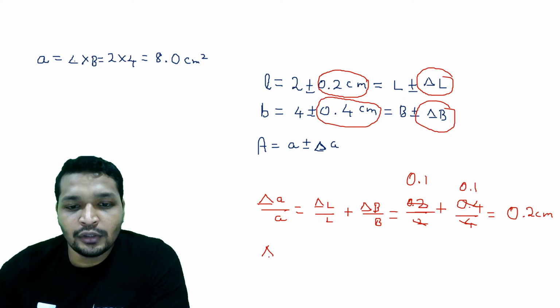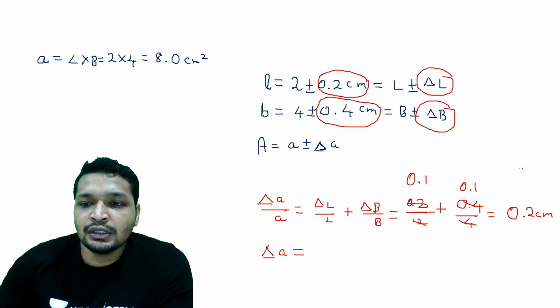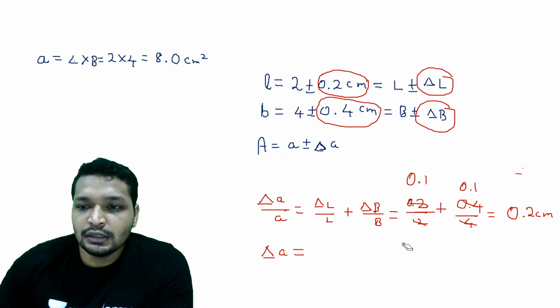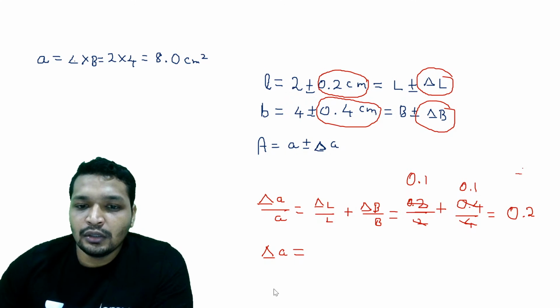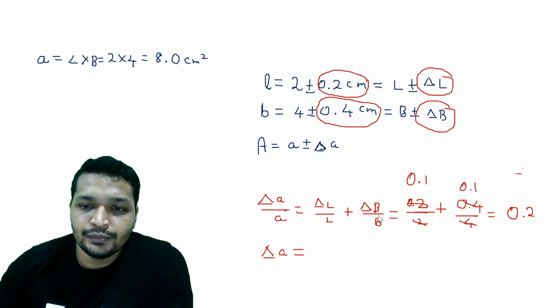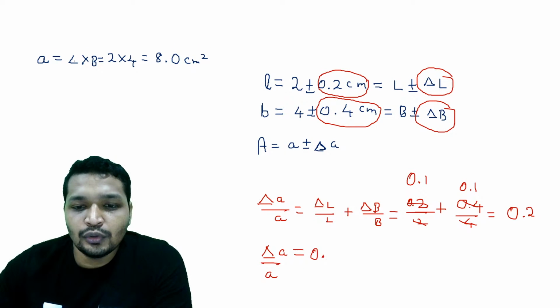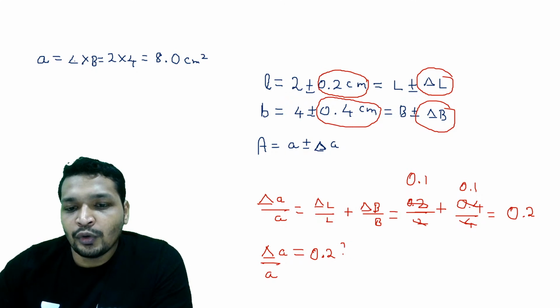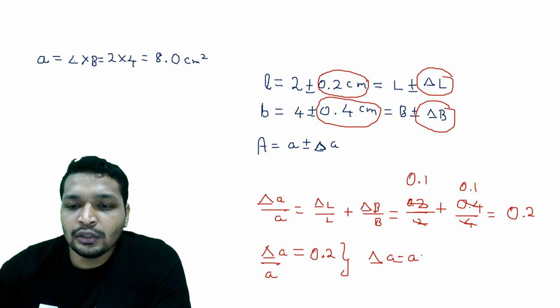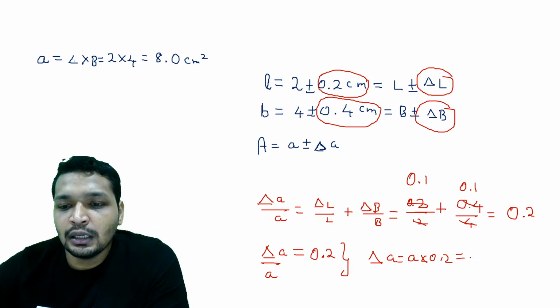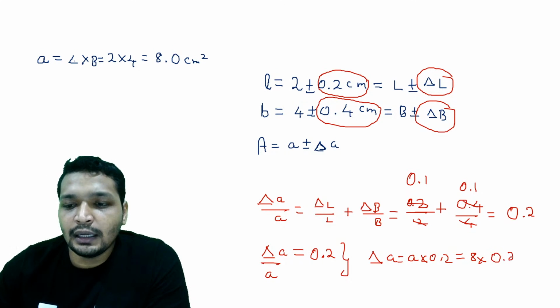So you got delta A by A is equal to 0.2. So yes, no units. So what should be your delta A? Delta A is nothing but A into 0.2.